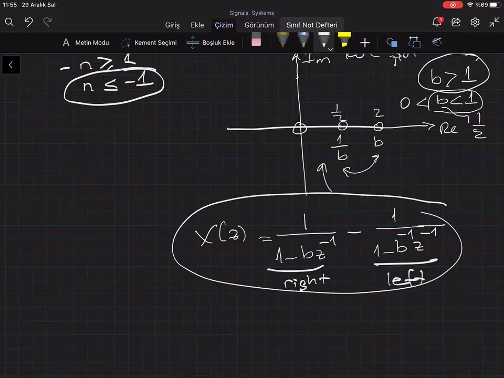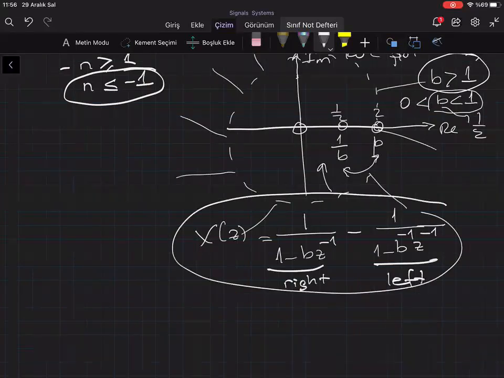So if B is greater than 1, let's say B is 2, okay? That's the case. So I'm gonna do this one and draw the outside. Outside means right-sided.